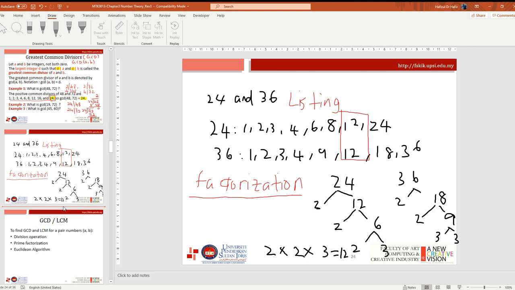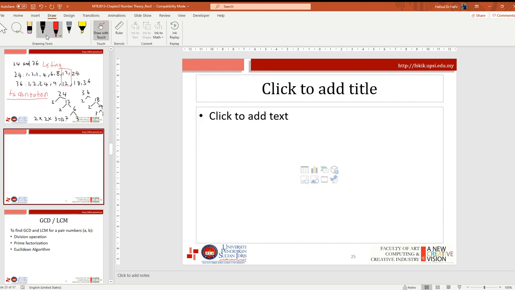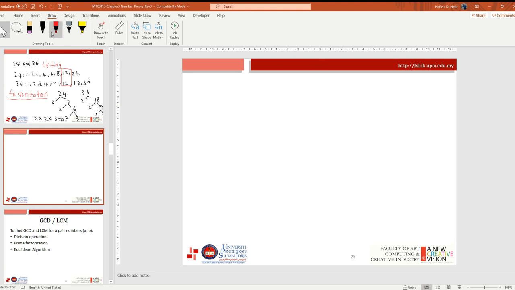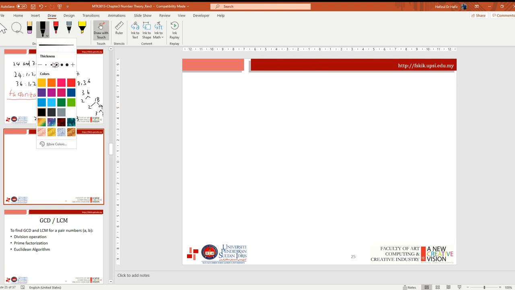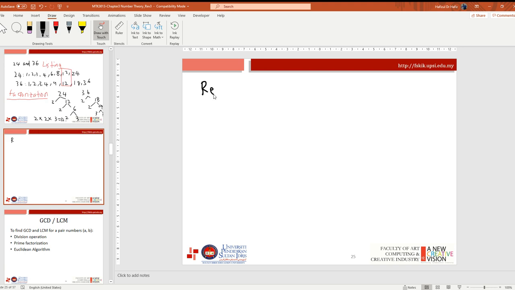And then the other one, we can find the GCD using repeated division.